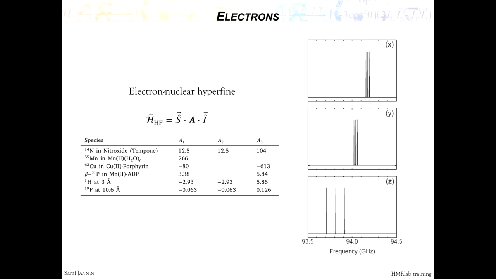Okay. So now if you have a TEMPO molecule, a nitroxide molecule, maybe as a crystal, imagine everything is aligned. What you would see is three peaks which arise from the coupling with the nitrogen 14, which is a spin 1. It has three states, the nuclear spin, so you have three lines.